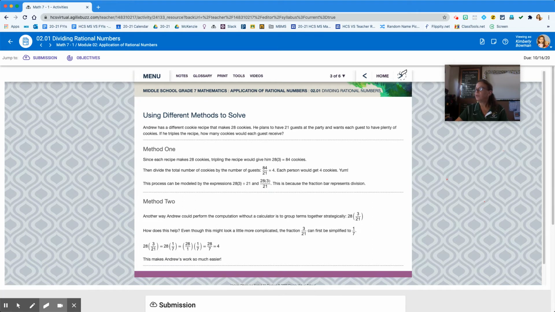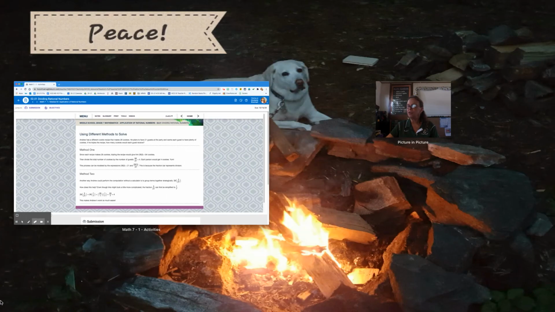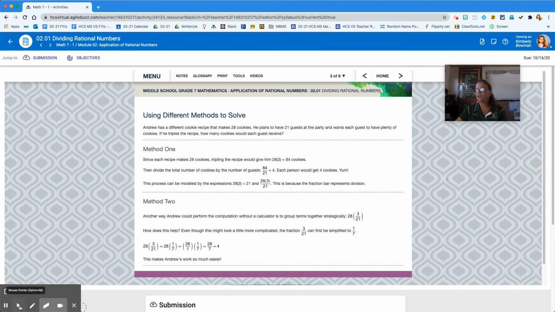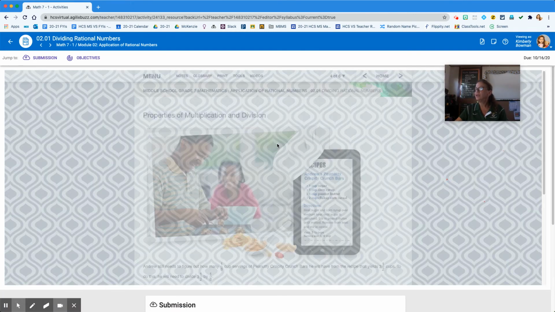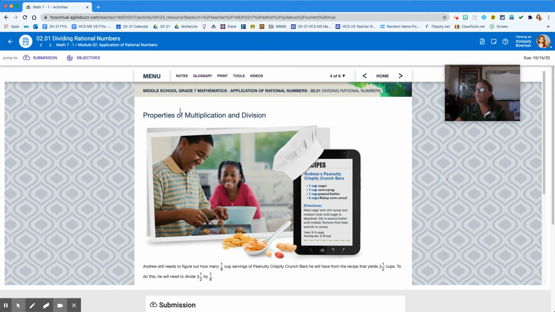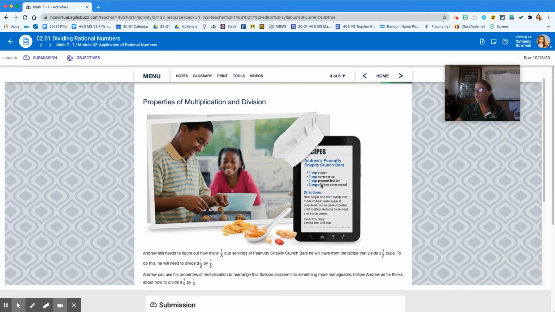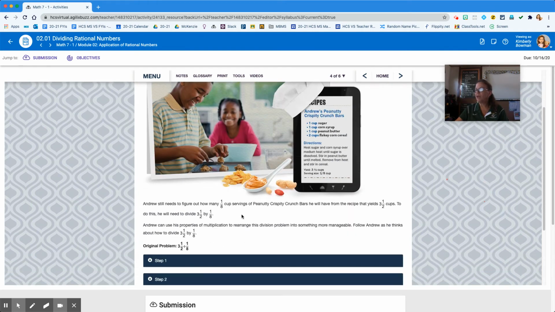All right, so now we're going to the next slide. Oops, sorry. Properties of multiplication and division. Andrew still needs to figure out how many 1/8 cup servings of Peanutty Crispity Crunch bars he will have from the recipe that yields 3.5 cups.